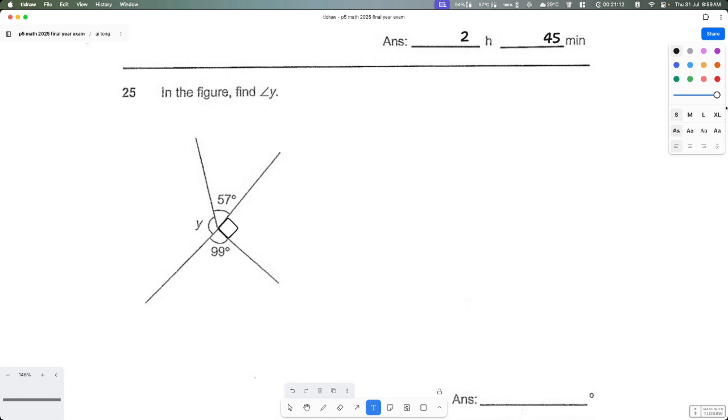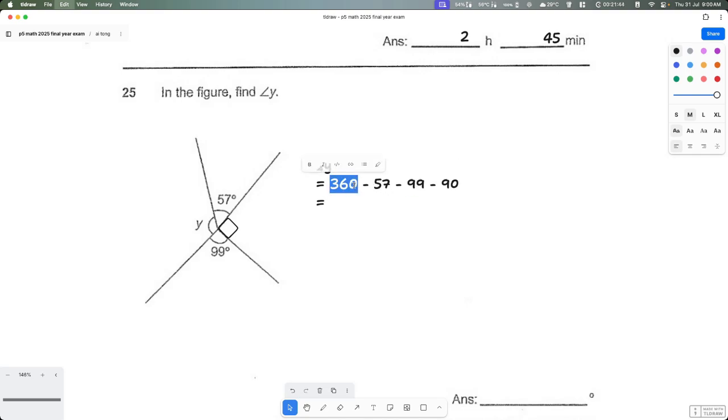Okay, so from here, what we're going to do is, for angle y, the whole circle is 360. So 360 minus 57 minus 99 and minus 90 in this case. Let's add 57 and 99, so it's actually 156.